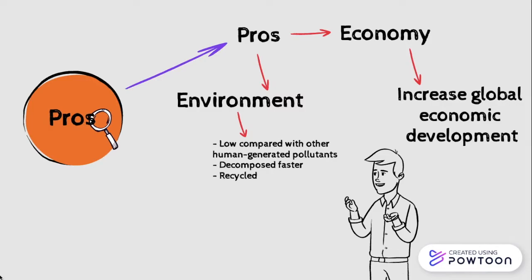In the environment, foil packaging is less polluting than other human-generated pollutants, and most of the foil parts decompose faster, and some of the foil parts can be recycled. This also means less impact on the global environment, such as reduced global warming.